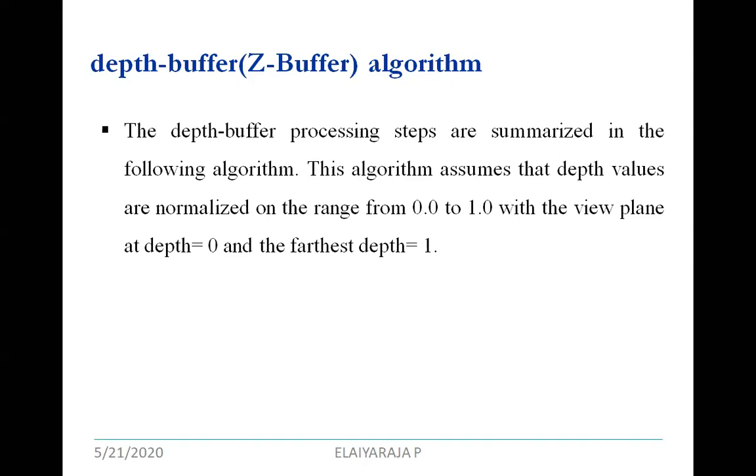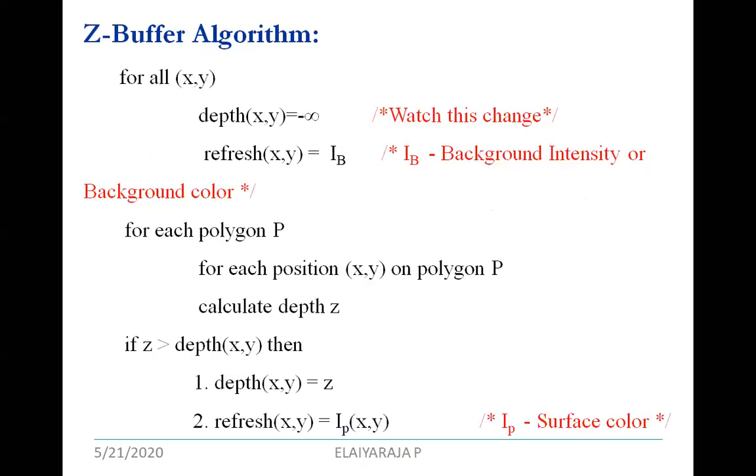Where you have two faces, one is the front clipping plane and the other is the back clipping plane. Based on that, the depth value is 0 at the front and 1 at the deepest. Next, we will check how the algorithm steps are processed.